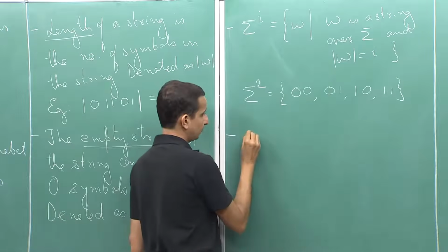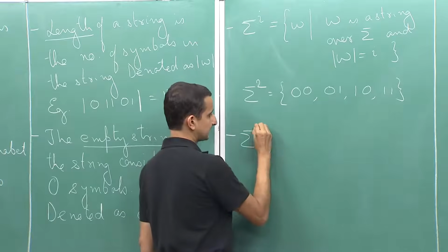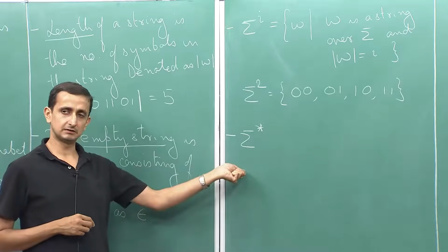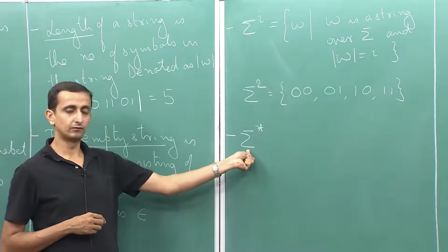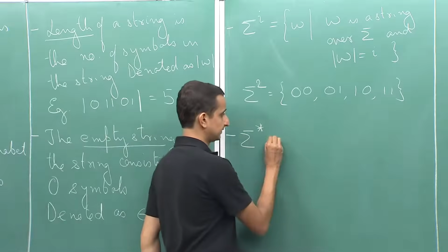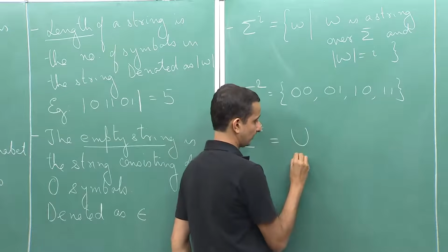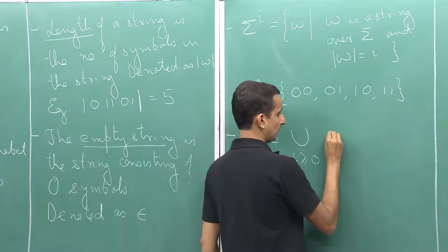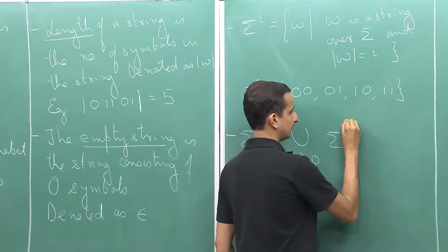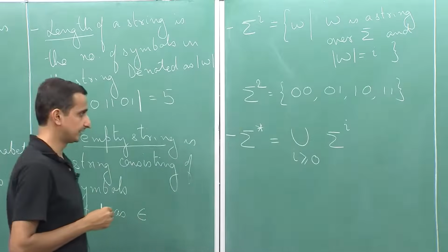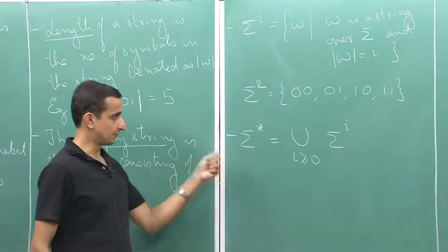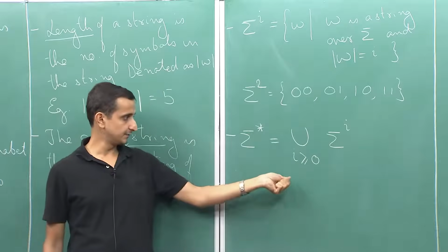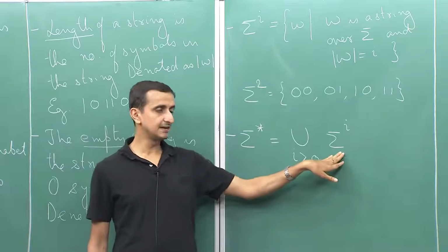So, now sigma star is the set of all possible strings that can be constructed over the alphabet sigma. Okay. So, this is written as union over all I greater than or equal to 0 of sigma raised to the power I. Okay. So, it contains sigma 0, sigma 1, sigma 2 and so on. So, an important point that must be noted here is that, so what is sigma 0?